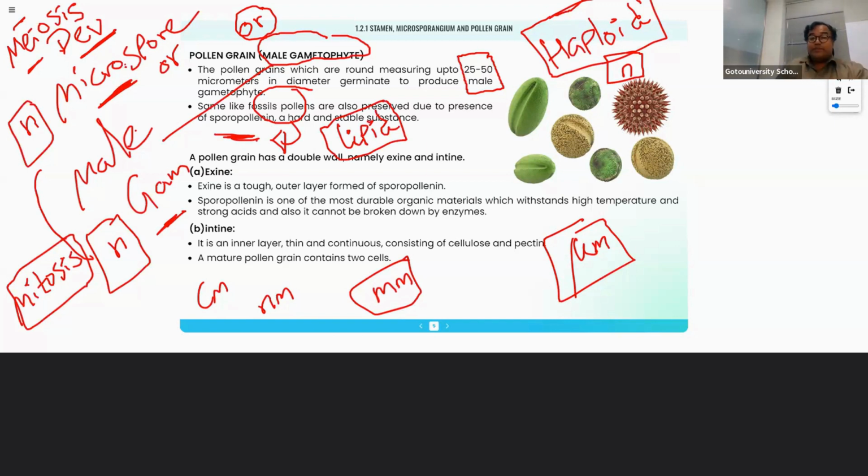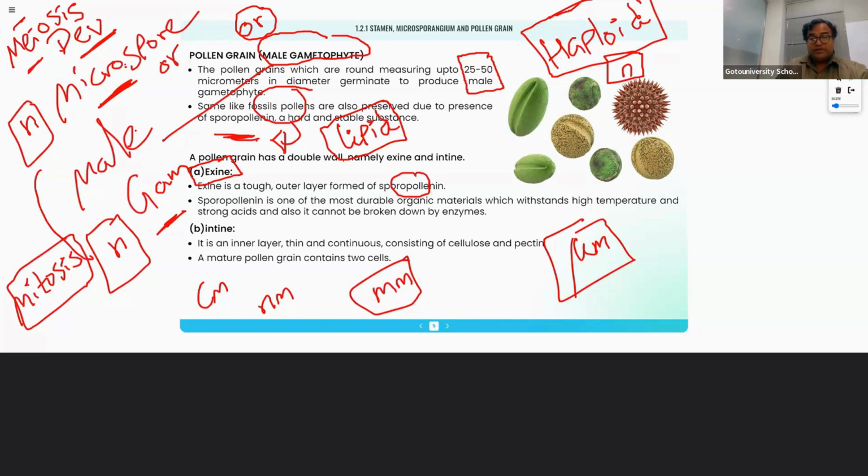That is the reason why the pollen grain is sustaining and able to live for many years, right? The pollen grain has the outer layer exine, which is made up of sporopollenin, not allowing the pollen grain to get decayed or broken very easily, right?